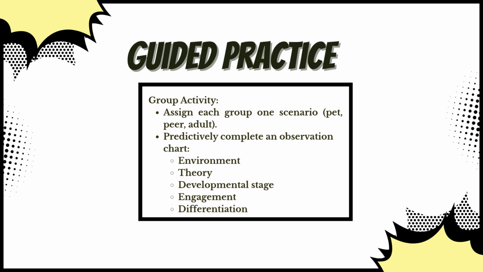This will help you to identify the environment, the theory, their developmental stage, their level of engagement, and what differentiation is needed. It's always best when you're working together to analyze your scenario or your group that you're observing, and then use this chart to help you organize your thinking. And remember that adults shape learning habits.